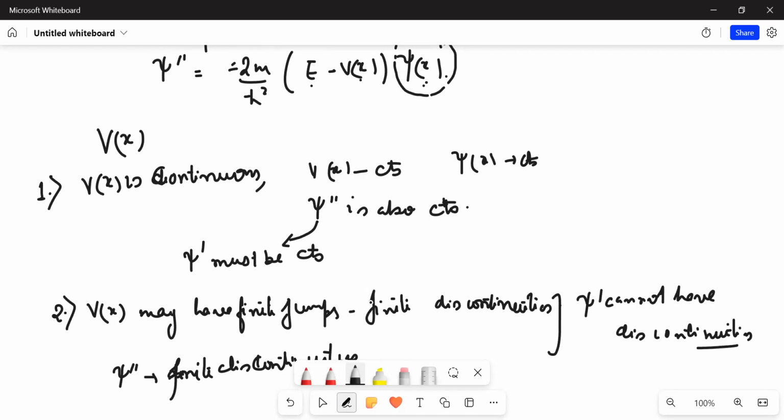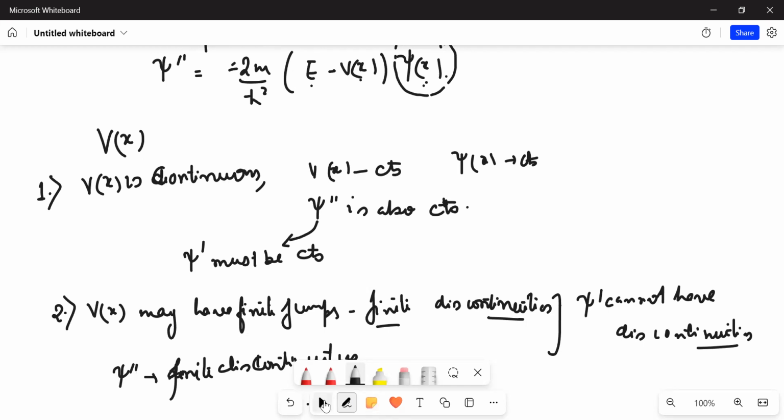Again, understand: if V(x) has some finite jumps, psi double dash will also have some finite discontinuities. But if psi double dash is defined, then psi dash cannot have discontinuities, because if psi dash has a discontinuity, then psi double dash will have a problem.